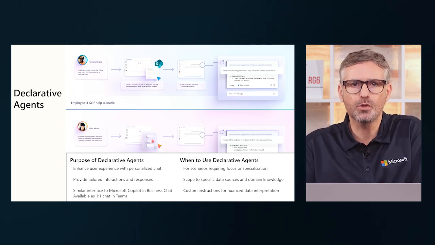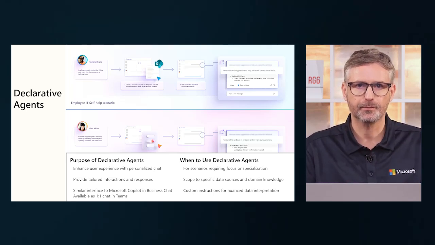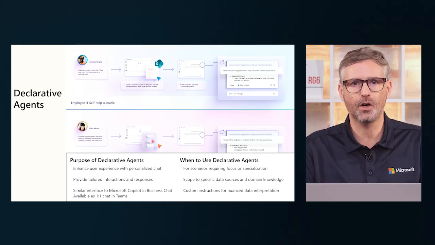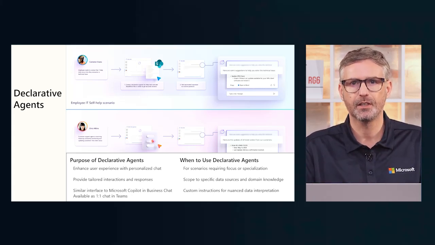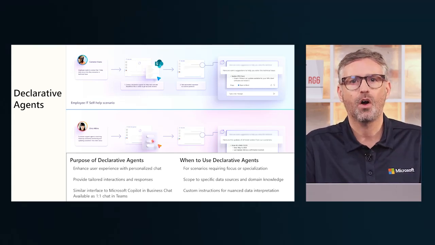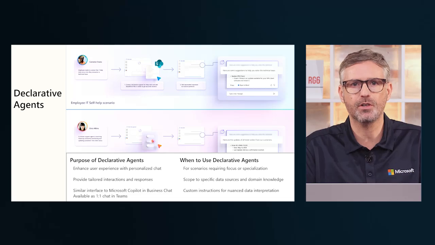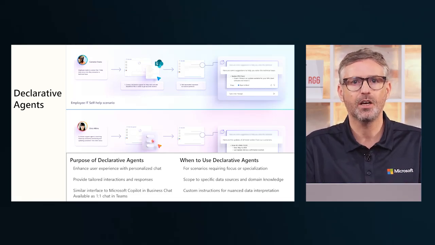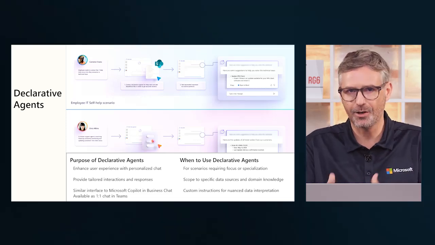But when and why to use declarative agents? They layer on top of the full capability of Microsoft 365 Copilot. They suit scenarios that require focus or specialization or scope to specific data sources including domain knowledge, or custom instructions to enable nuanced interpretation of data received from sources like plugins and connectors.